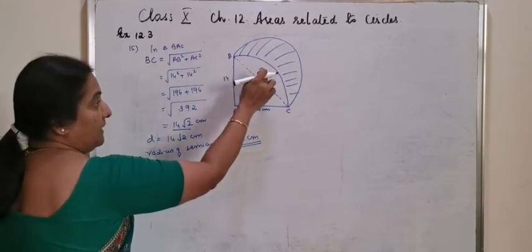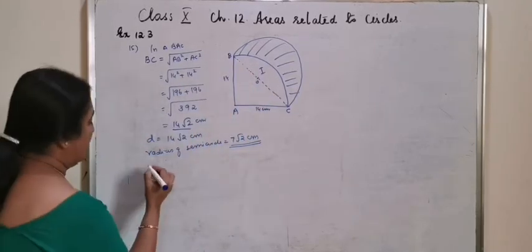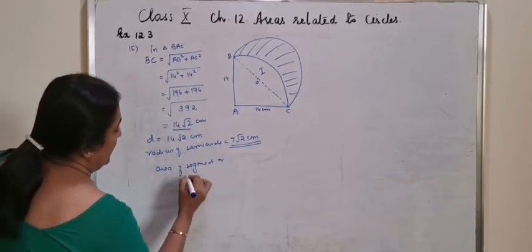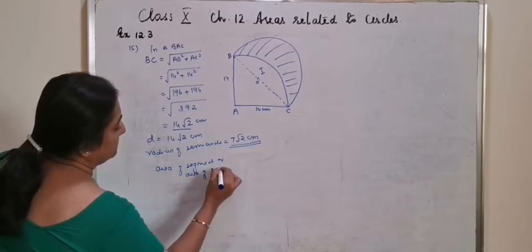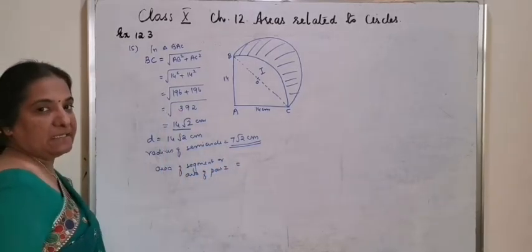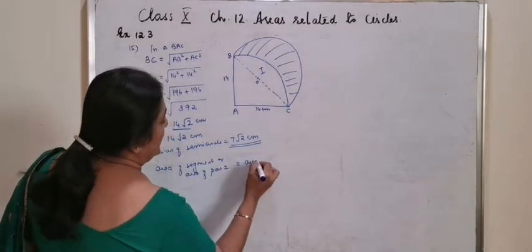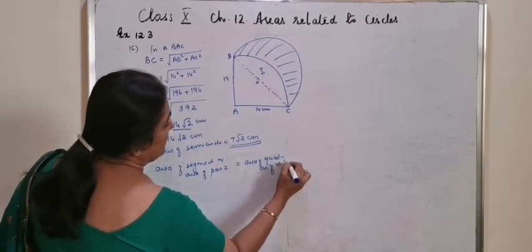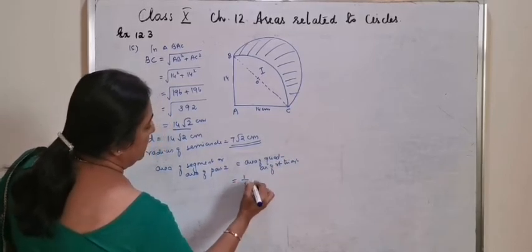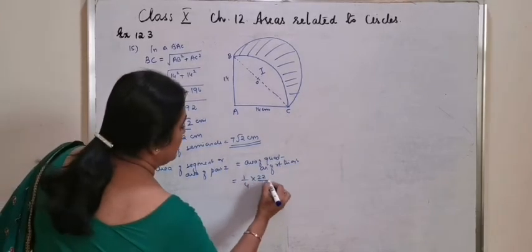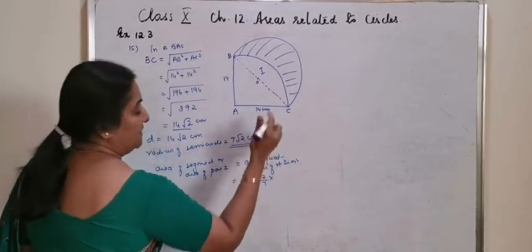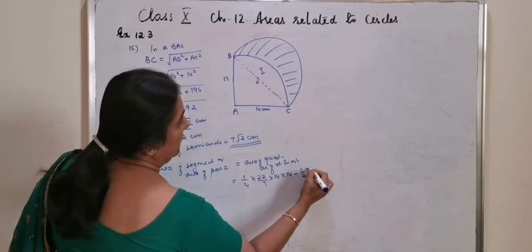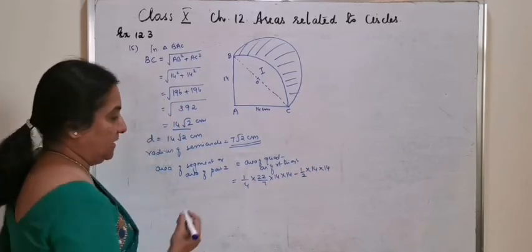And now to calculate the area of segment. Area of segment or area of part 1, the region marked as 1, is equal to area of quadrant minus area of right triangle, which is equal to 1 by 4 into 22 by 7 into the quadrant radius 14 into 14, minus area of triangle, which is again half into 14 into 14.